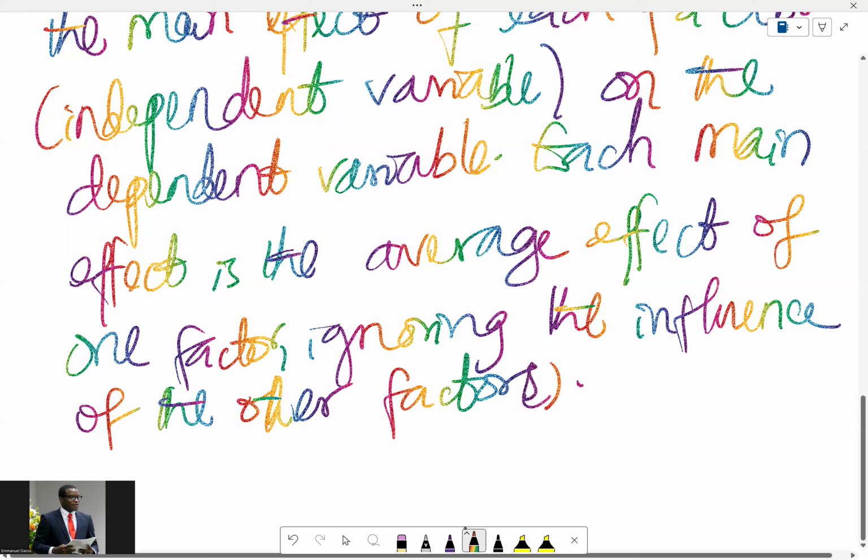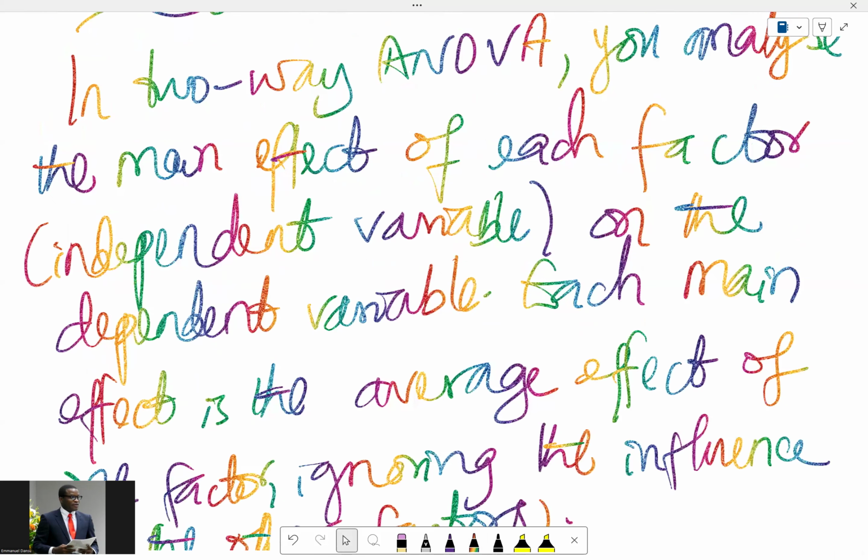So when you focus on how one factor impacts the dependent variable and you ignore the effect of the other factor, then you're considering the main effect of the factor you're paying attention to.